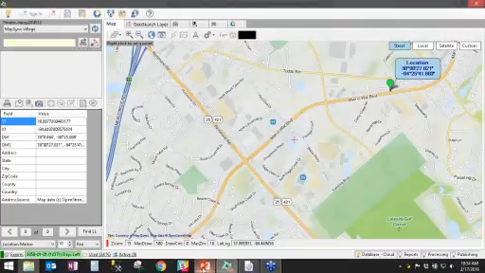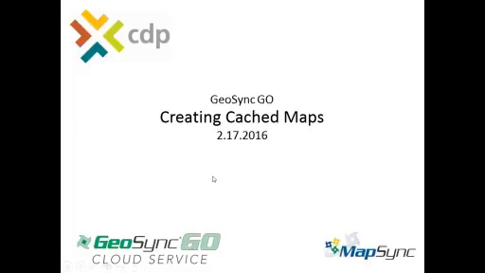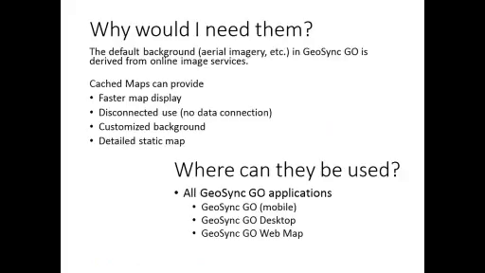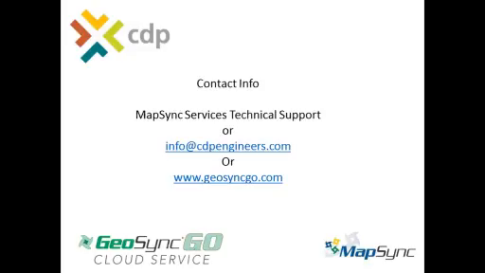So, in summary, what we've done is created a cached map to utilize for a background or for an entire map that can be consumed through GeoSyncGO Desktop, mobile, or web map, either directly copied to storage on the device or copied to our GeoSyncGO cloud storage to pull in with a data connection.